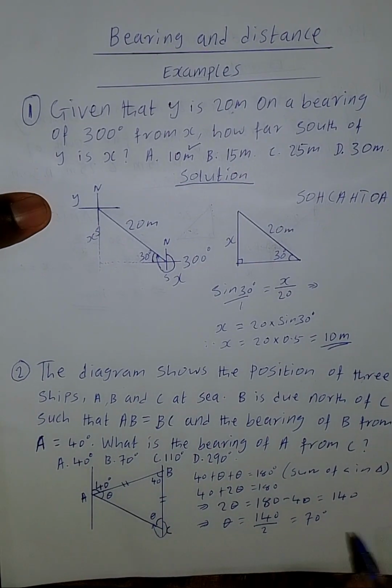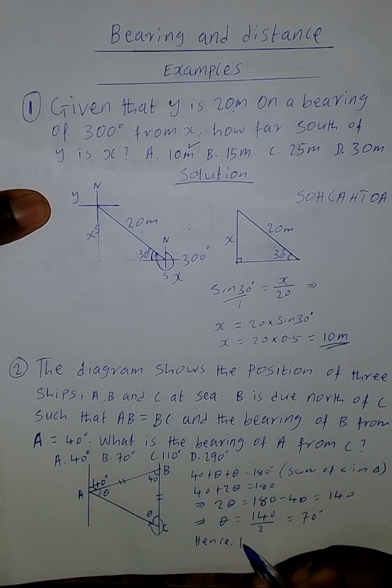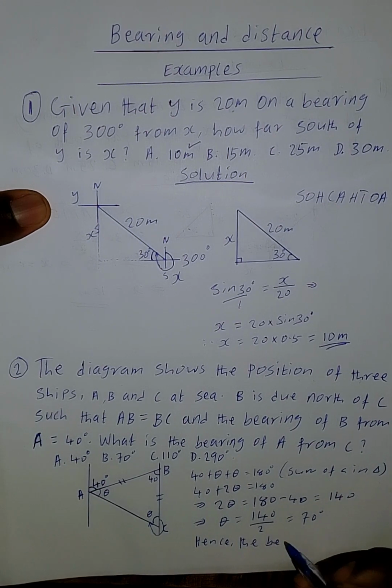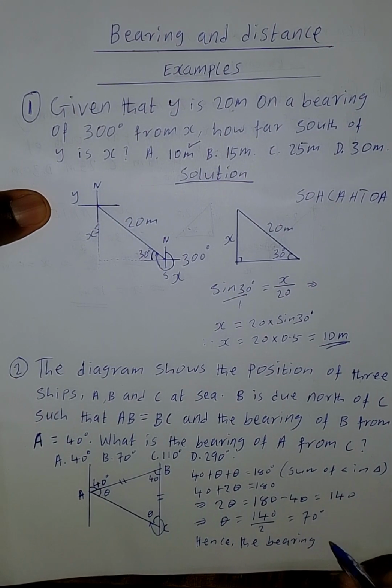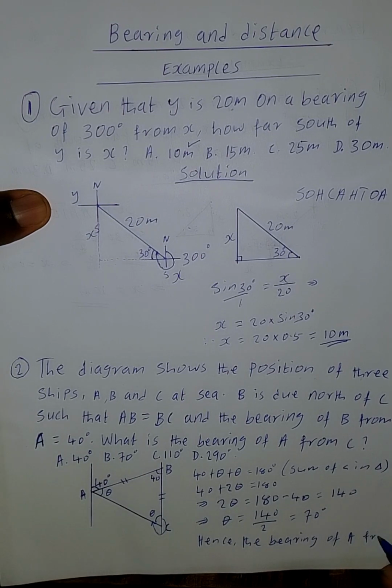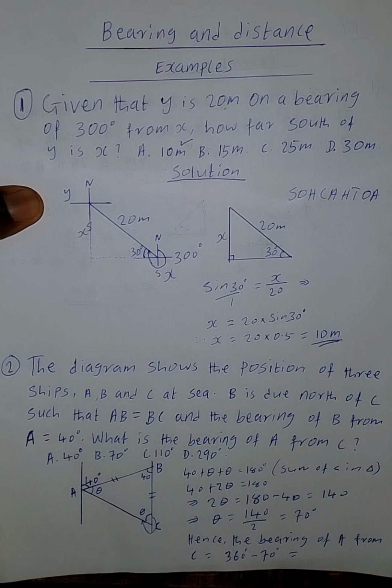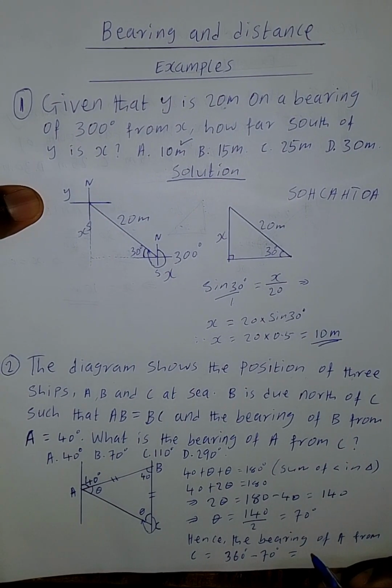Hence, the bearing of A from C is equal to 360 minus 70 degrees, and that will be equal to 290 degrees.